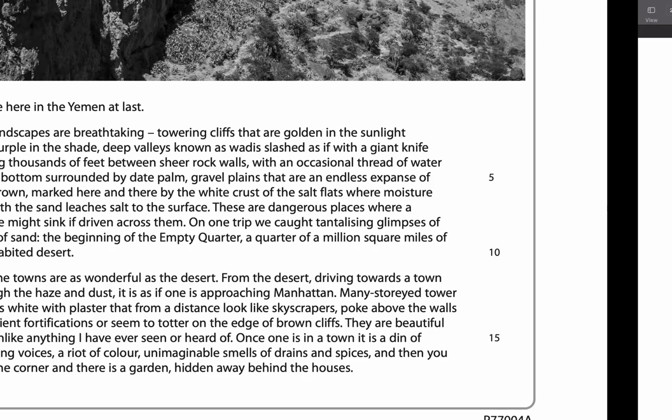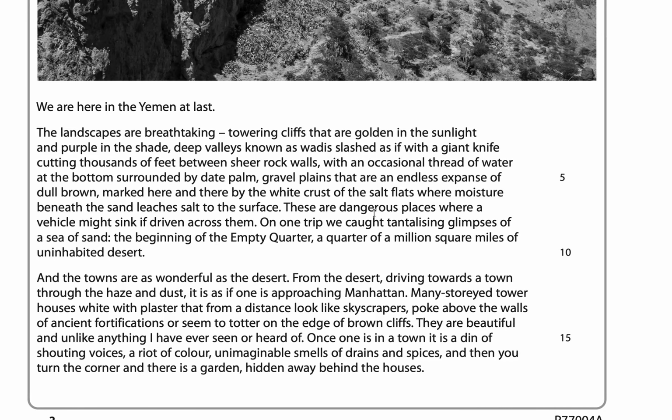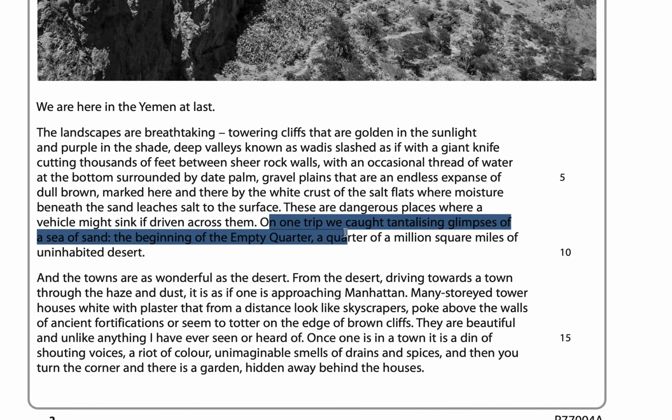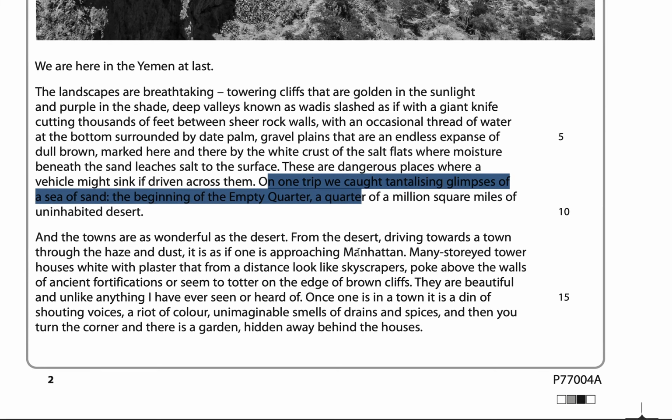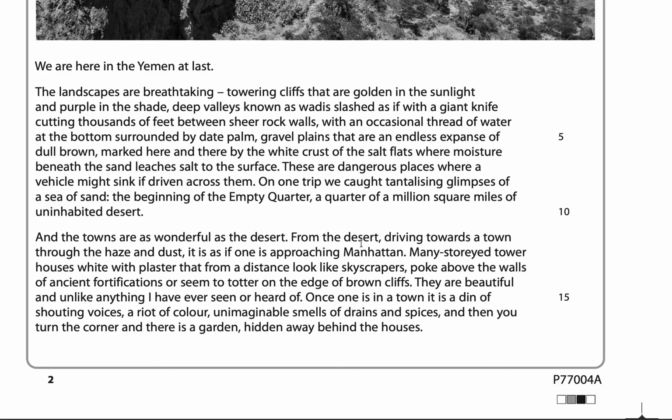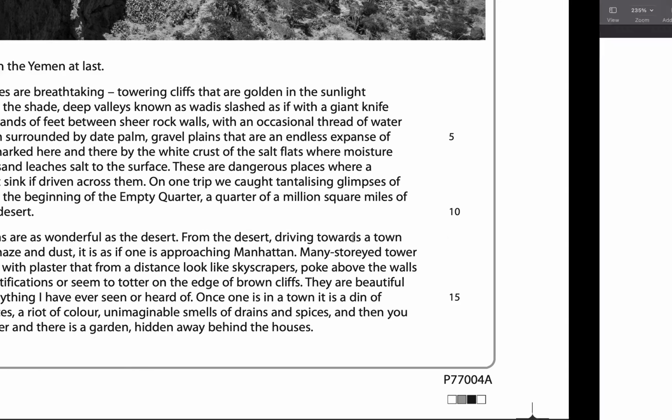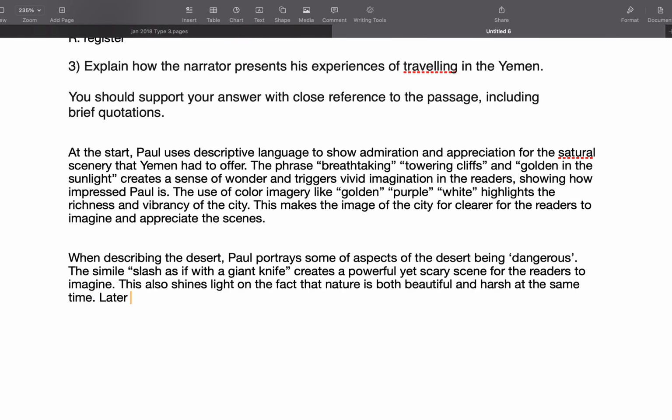Next, let's do the analysis of the word tantalizing. Where do we see the writer using tantalizing? On the trip, we caught a tantalizing glimpse of the sea of sand, a sibilant. That's not going to help us in any way, but we can say later. Later, the writer writes, what does he write?